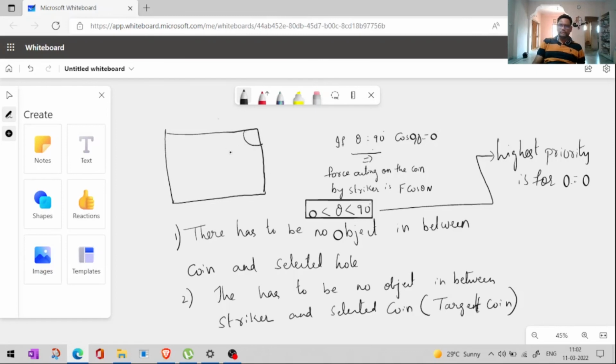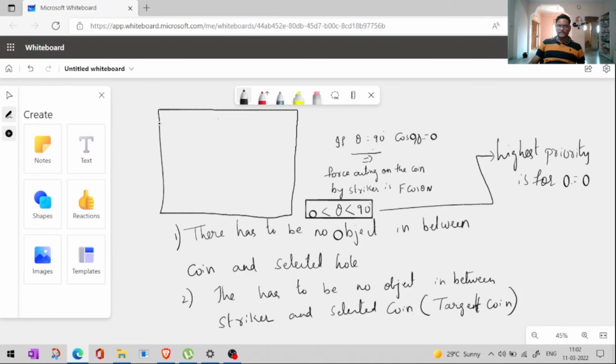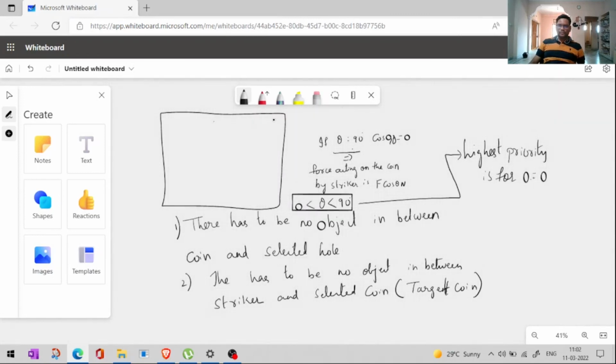Okay, this is a coin. Let me say this is the hole, and this is the coin which has to be hit, and the striker will be somewhere here.